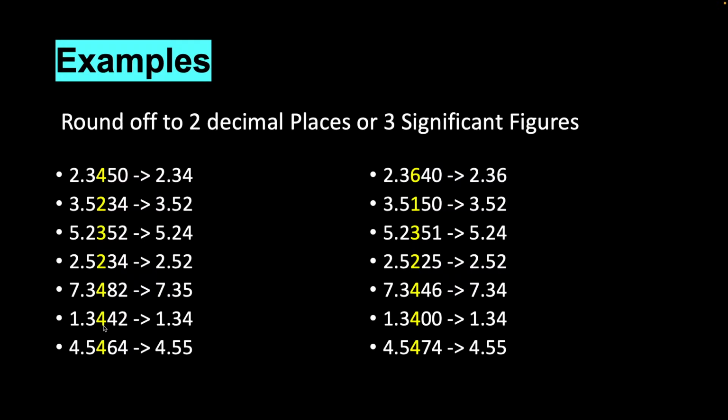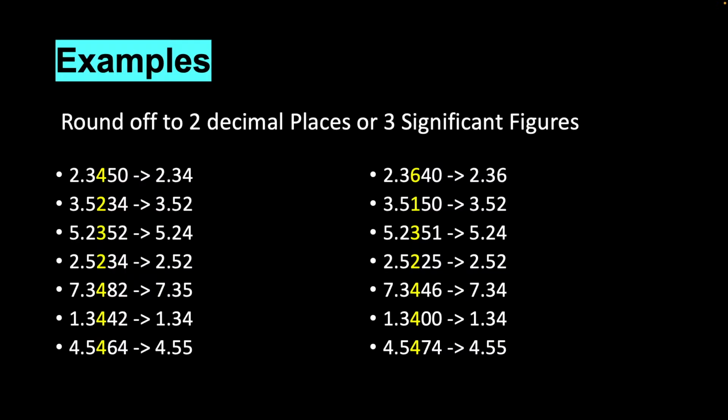So after the cutoff digit the digit is less than 5, it means we will leave it as it is, so 1.3442 would be converted to 1.34. Next question is 4.5464. So here after 4, that is the cutoff digit, there is a number greater than 5, that is 6, so it means that 4 will be converted to 5.